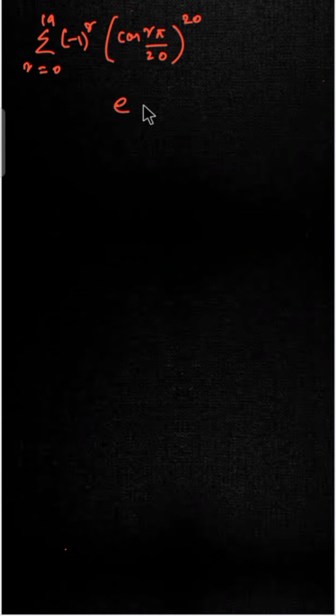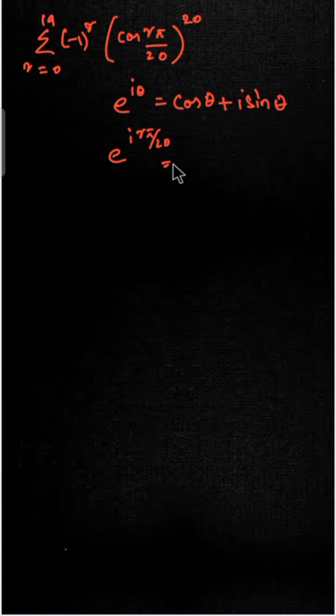We know that e power i theta is equal to cos theta plus i sin theta, isn't it? So I'll be using this. Instead of theta, I'll be putting r pi by 20. I get cos r pi by 20 plus i sin r pi by 20. And instead of theta, now I put minus r pi by 20.